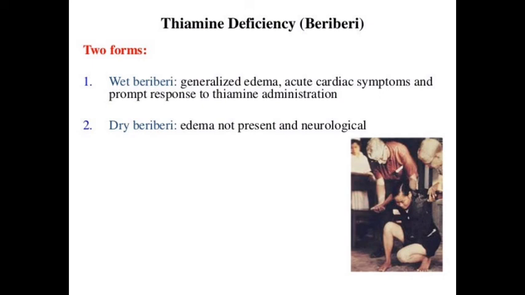The first one is wet beriberi, which has generalized edema, acute cardiac symptoms, and prompt response to thiamine administration. The second one is dry beriberi. Under this, the edema is not present and neurological symptoms predominate.